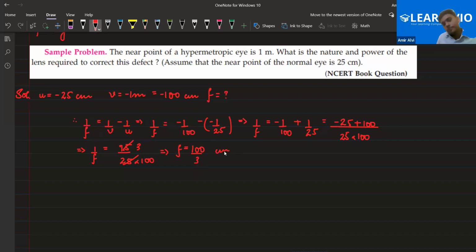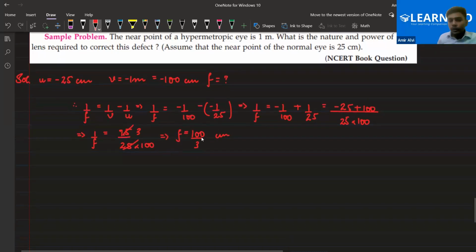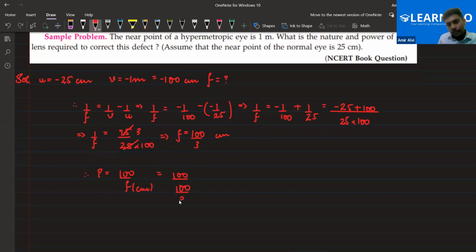Yes or no, Shazil? Okay. I'm not going to convert it into decimal. I will tell you why. P is equal to 100 by f, in centimeter. So it is equal to 100 divided by 100 by 3. As this is a double division, it becomes 100 into 3 divided by 100.